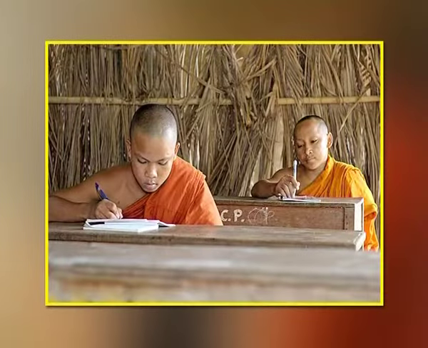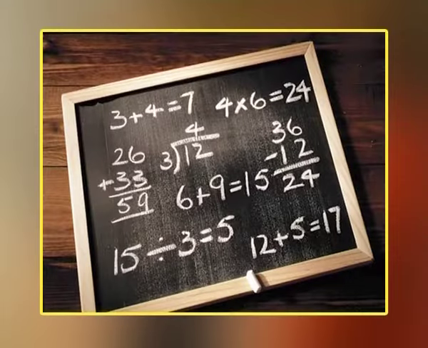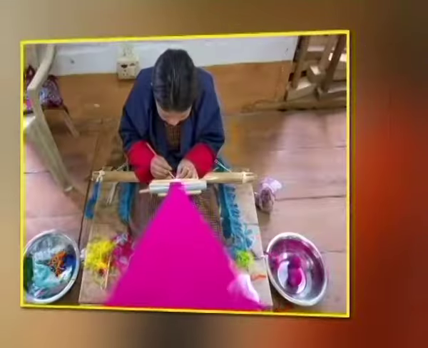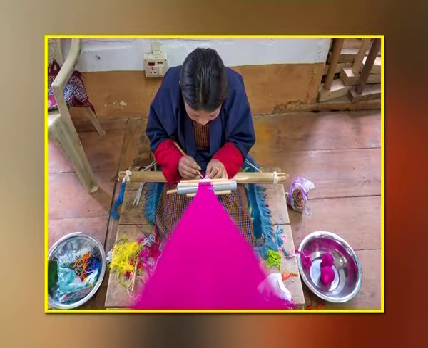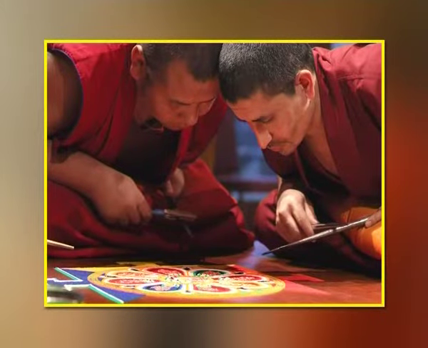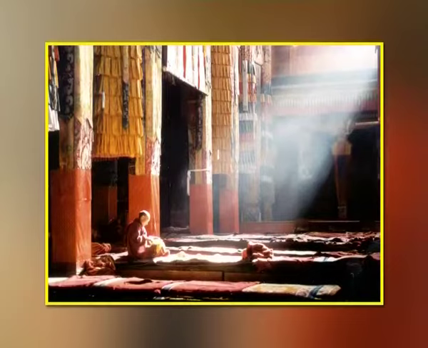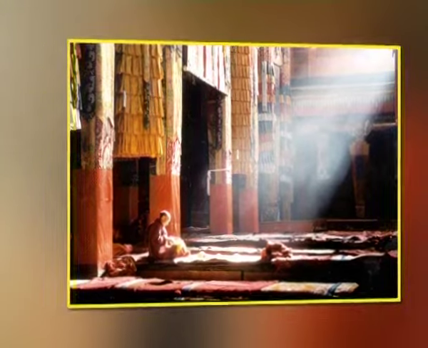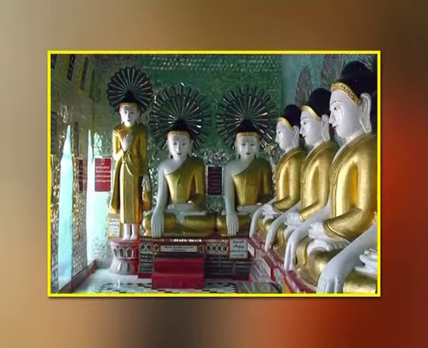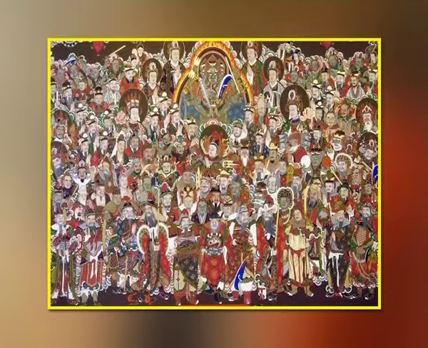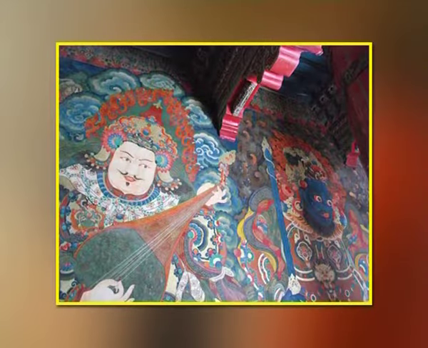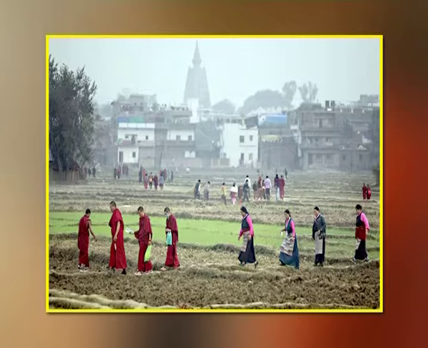It included training in such subjects as writing, arithmetic, spinning and weaving, printing and dyeing, stitching or tailoring, sculpture, art which included drawing and painting, music, agriculture, animal husbandry, etc.